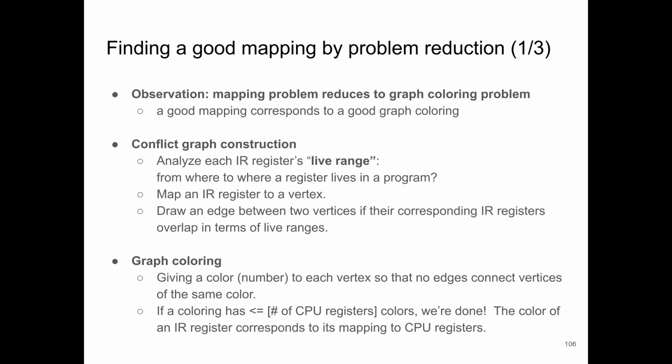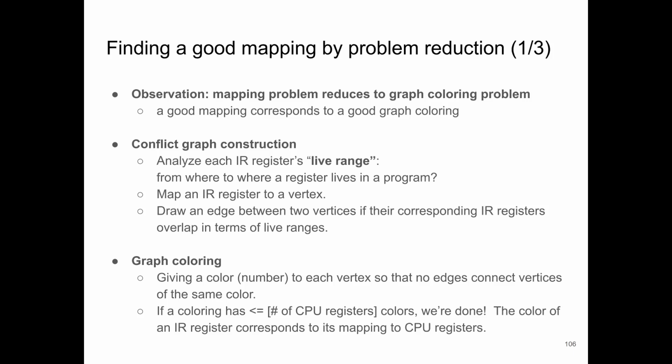Okay, now maybe you can grasp the high-level idea of this reduction. If in this conflict graph, you can find the coloring with less than or equal to the number of CPU registers, then we are very much okay. The color of an IR register corresponds to its mapping to CPU registers.